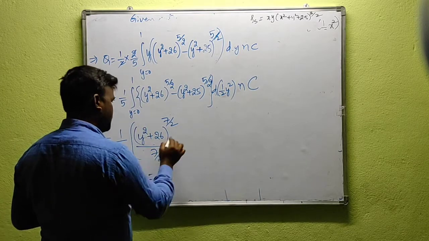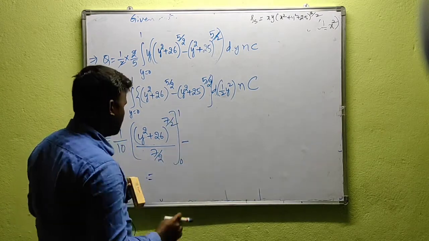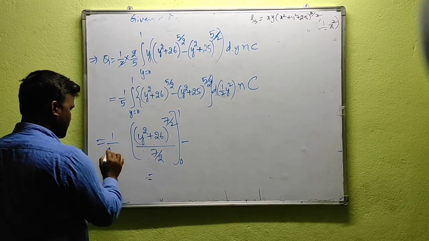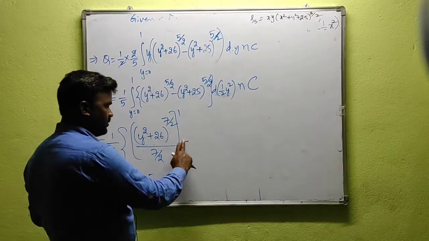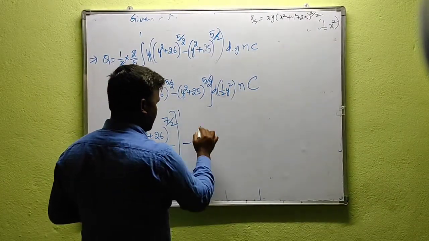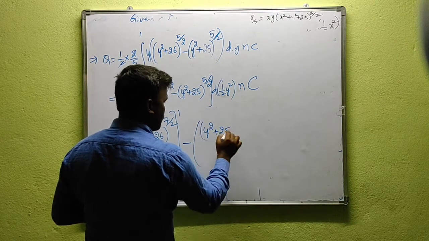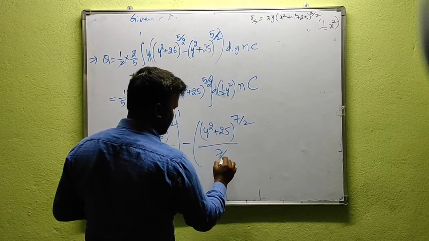Limits are from 0 to 1 for the first one, and for the second term, this 1 by 10 is common, (y square plus 26) whole power 7 by 2 by 7 by 2, limits are from 0 to 1, and this one (y square plus 25) whole power 5 by 2 plus 1, that gives 7 by 2 divided by 7 by 2.